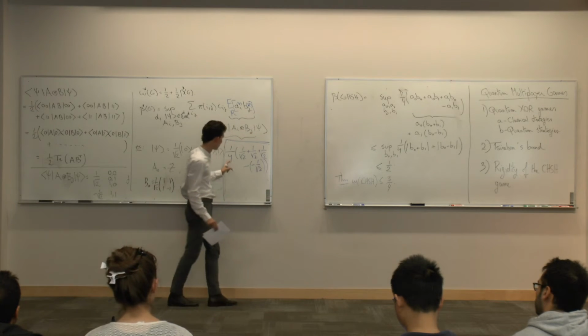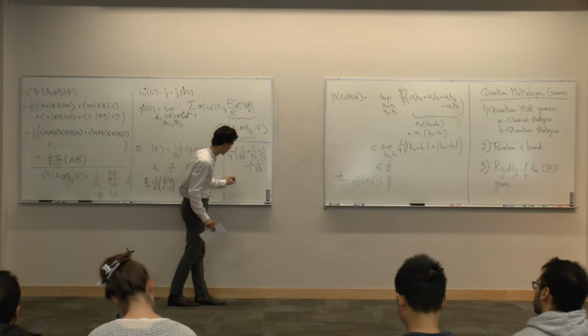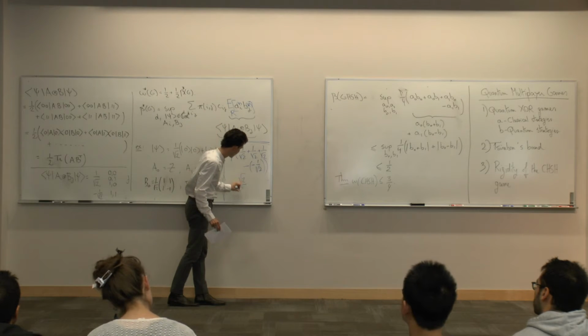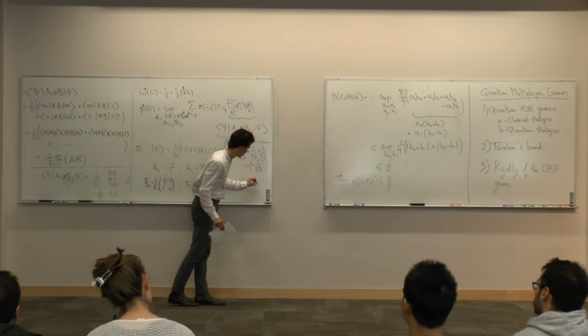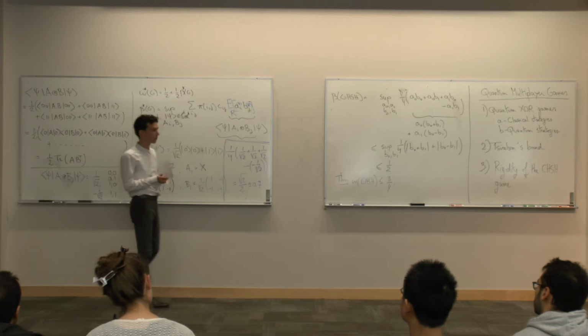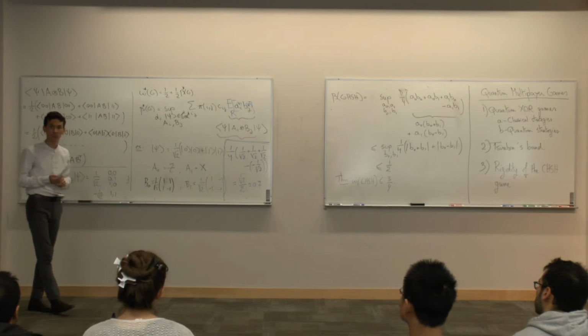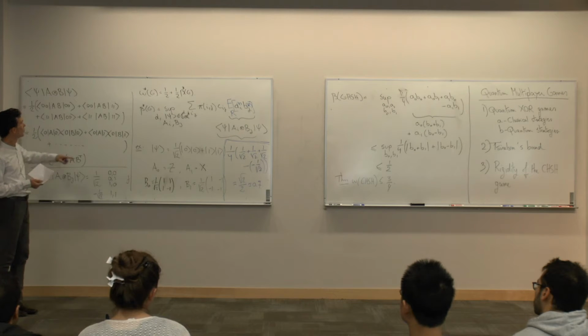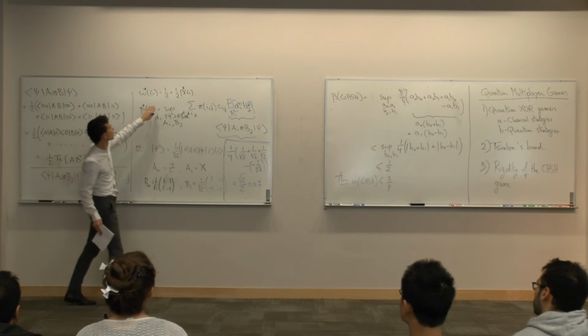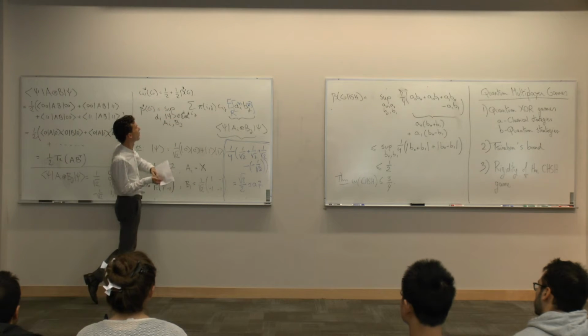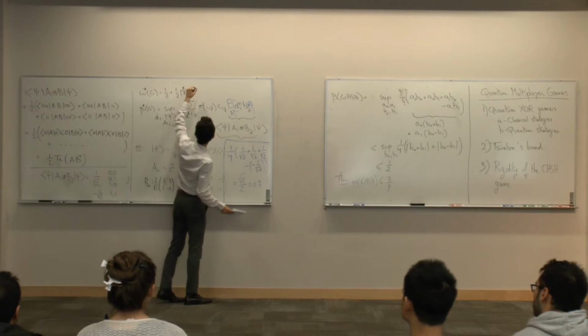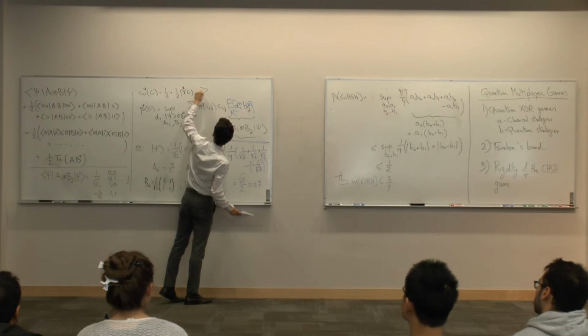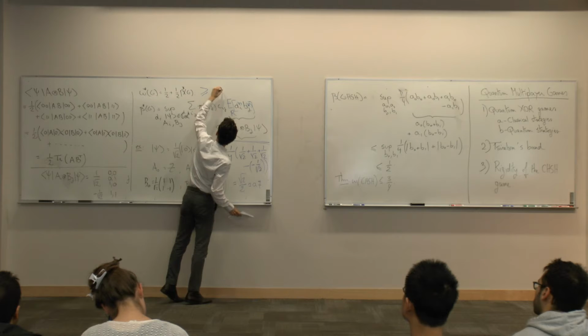And so this is equal to root 2 by 2, which is something like 0.7. Okay? So 0.7 is bigger than half. If you compute, the value is going to be a half plus half of 0.7, which is roughly 0.85. So we've proven the following theorem: for CHSH, this is at least something like 0.85.